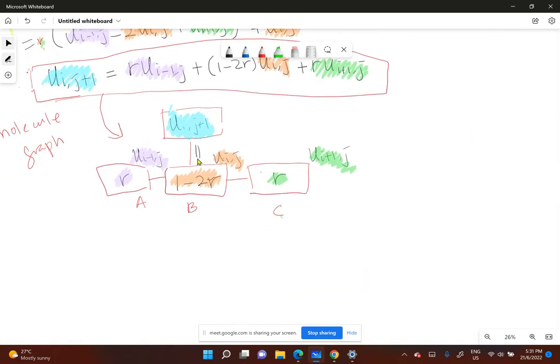Kenapa? Why this molecule graph is very important? You remember just now I said we will have to solve the value kat sini kan. This is T. Okay. Yang ni kan kita ada nilai sini, ada nilai sini. We have this value at this line. Okay. And we have this value at this line. Okay.